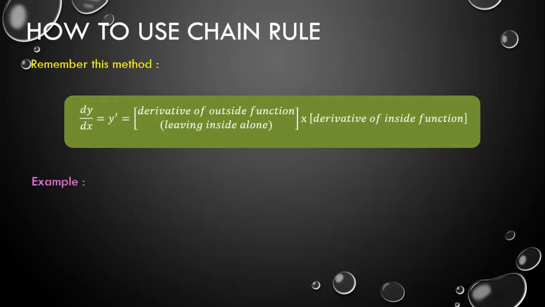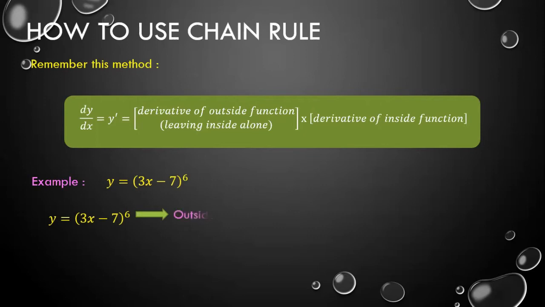Okay, to make this clear to you, look at this example. y equals (3x minus 7) to the power of 6. A very simple equation. We can find several pieces of information.